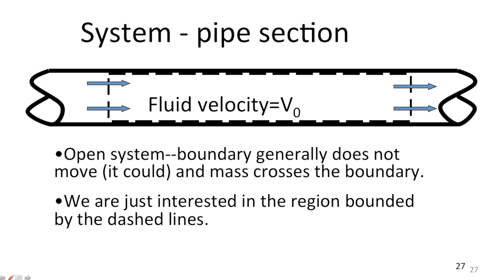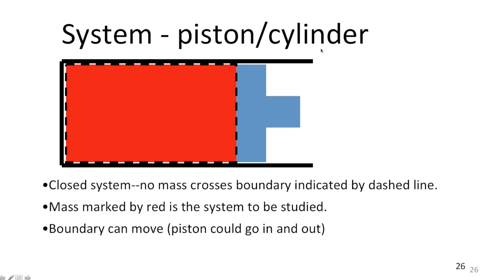I'm going to see if I can draw with my pen. Okay, so this is the cylinder, the contour of the cylinder. And this blue thing is the piston.